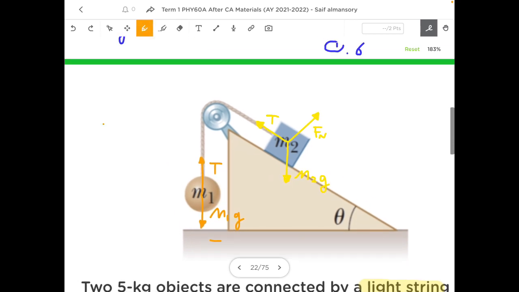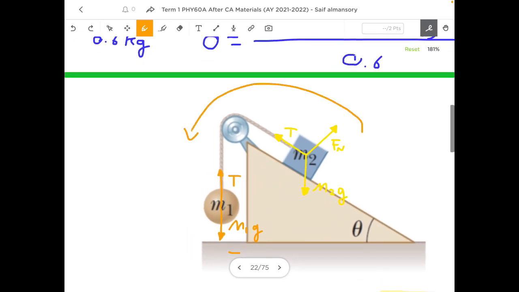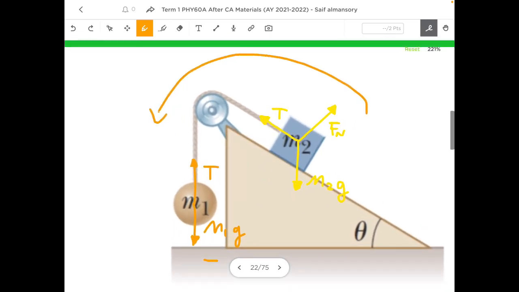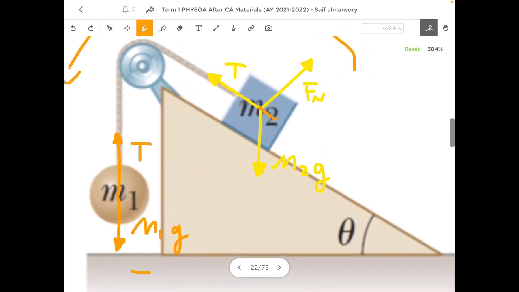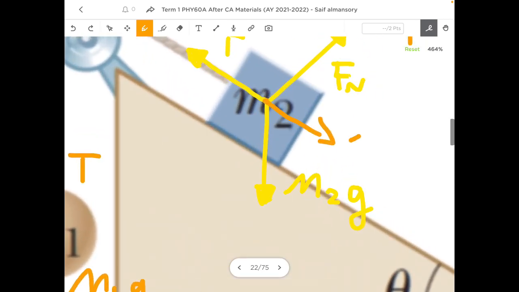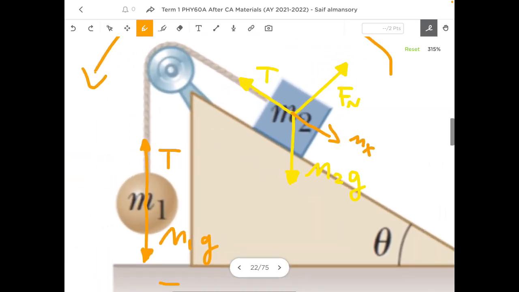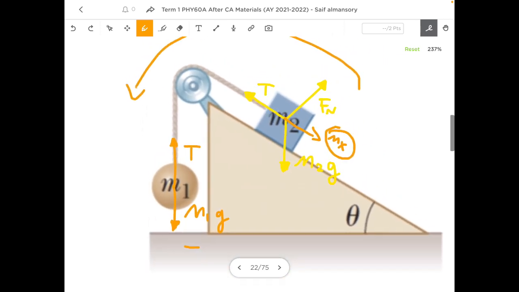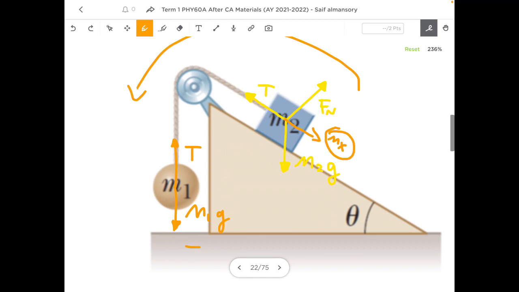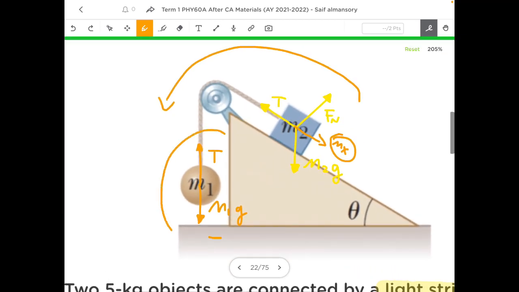Whereas if you decide to make the object move the other way, the x component of the gravitational force will be negative, because it resists the motion of the object. The object is moving in this direction, and the x component is resisting the motion, so it will be negative.